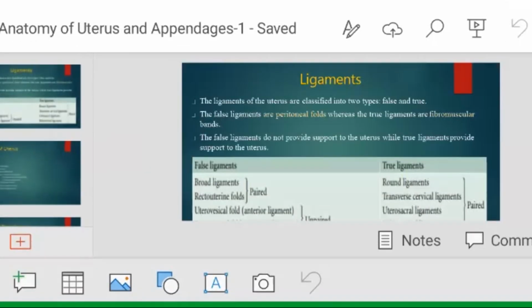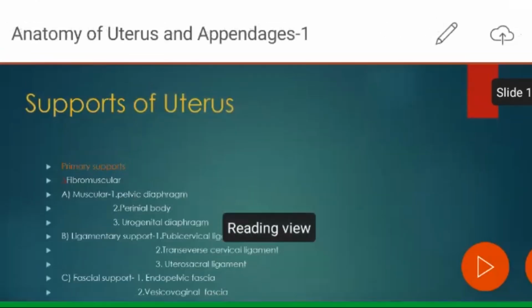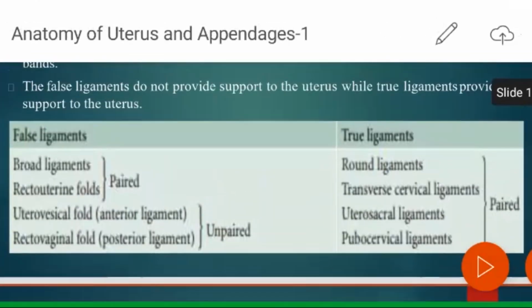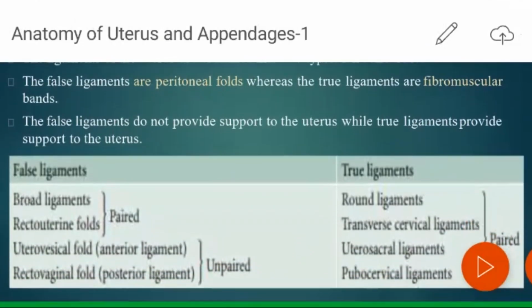So here we classify the broad ligament as a false ligament, because it is a structure covering the lateral side of the uterus, but it is not a fibromuscular band which binds the uterus. The false ligaments do not provide support to the uterus, while the true ligaments do.